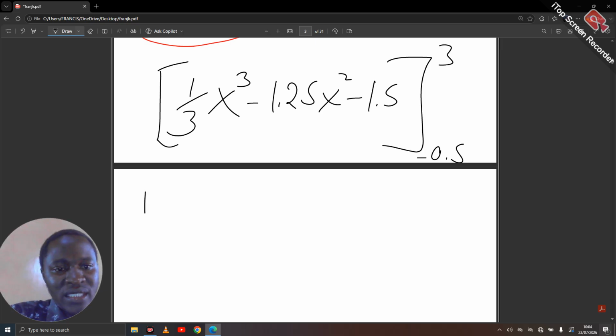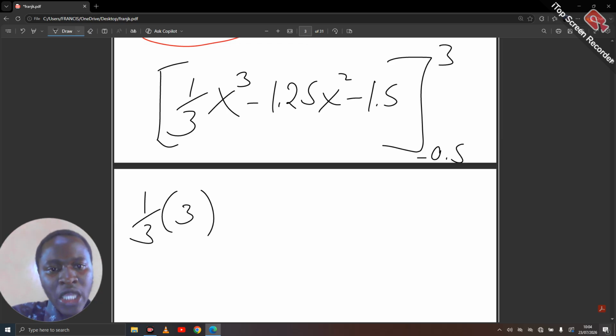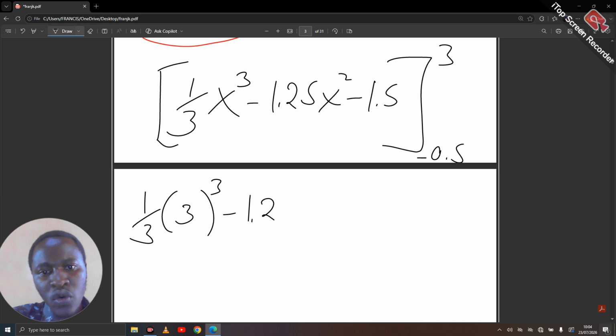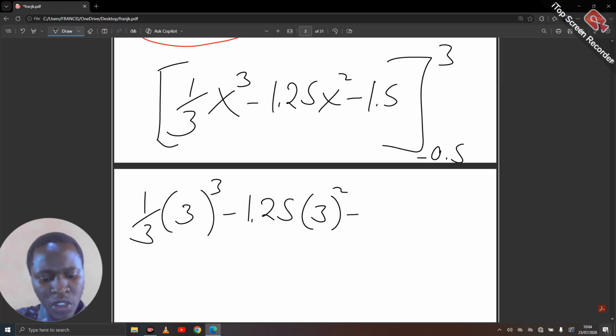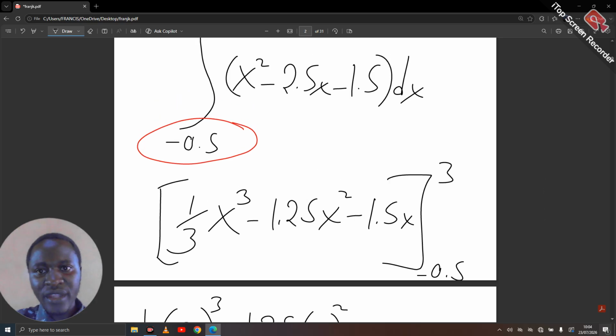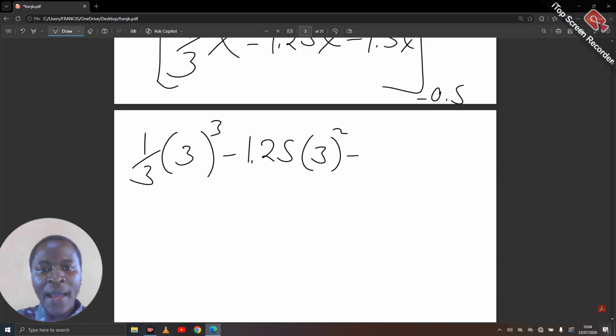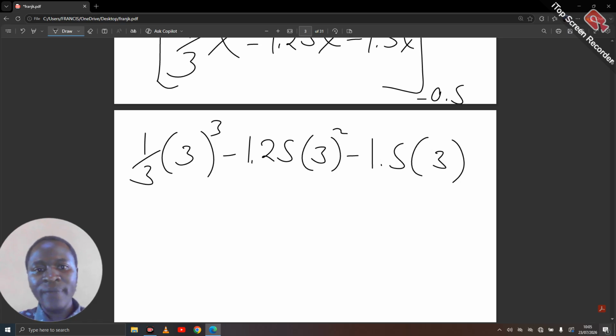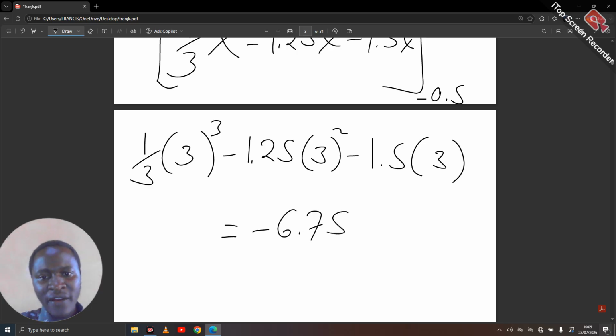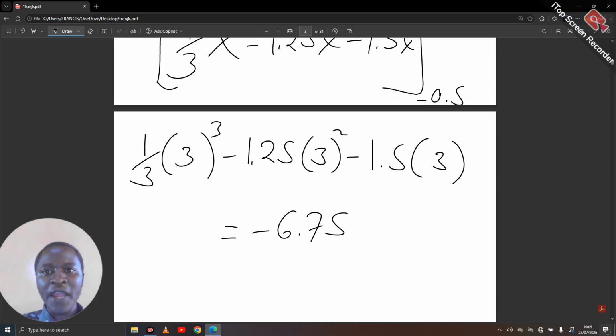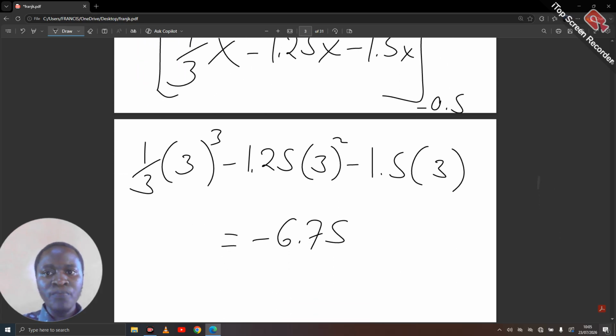We shall start with a third into 3 cubed, minus 1.25 into 3 squared, minus 1.5 into bracket 3. Then you press this in your calculator. You will get negative 6.75.